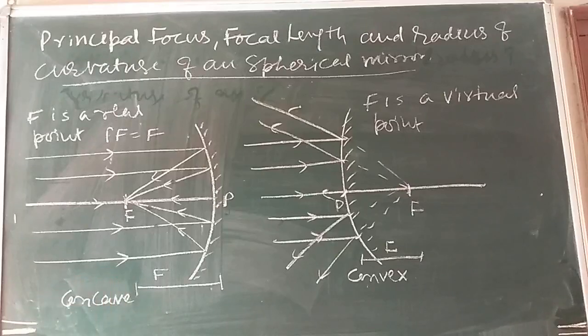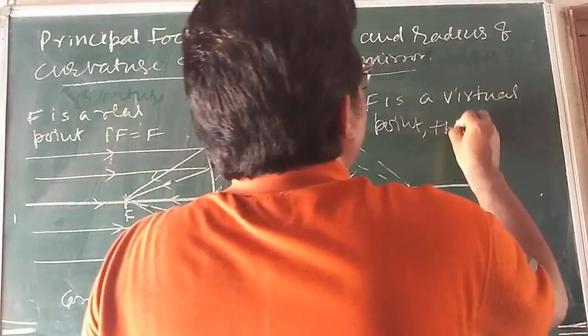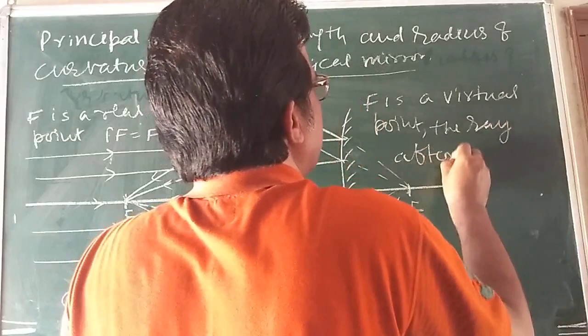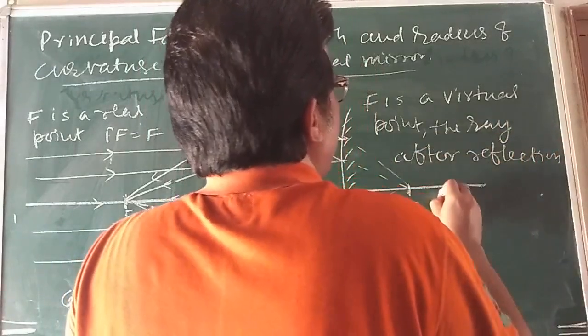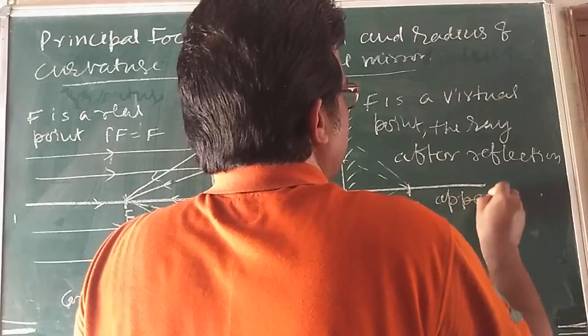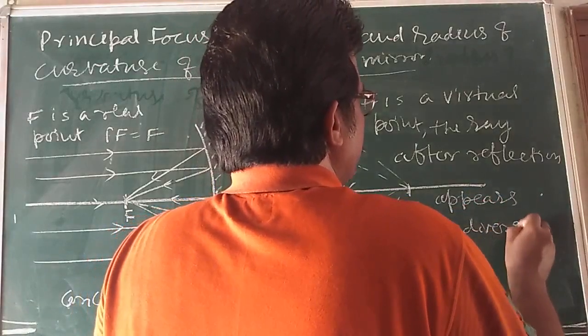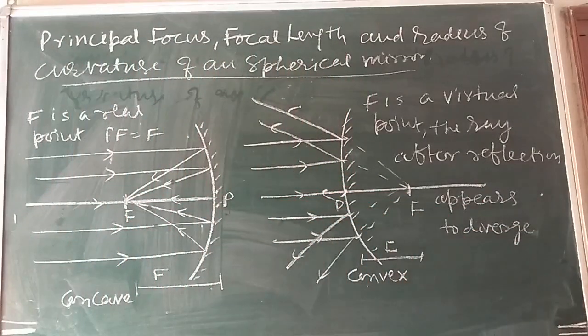The rays after reflection appear to diverge. This is the difference between a concave mirror and a convex mirror that we can see easily.